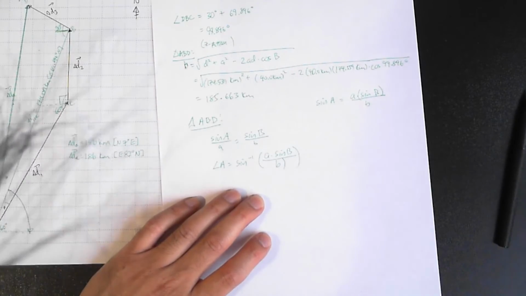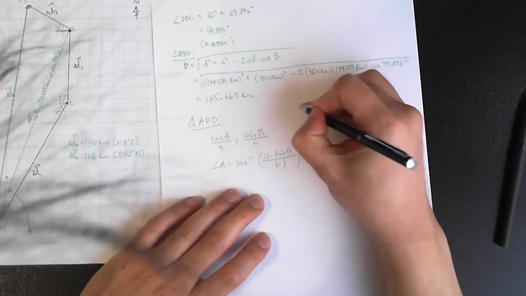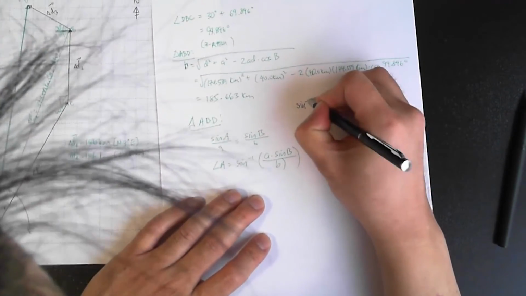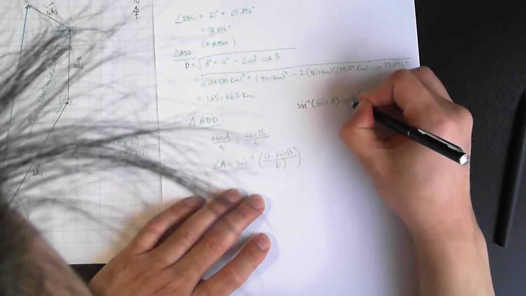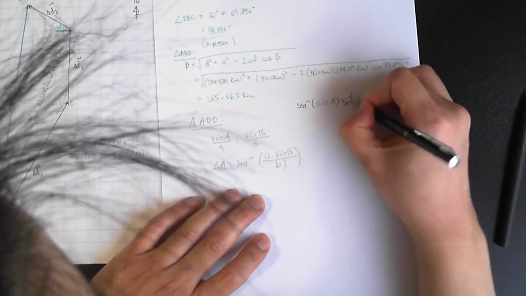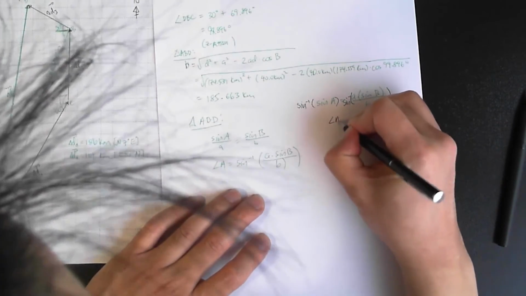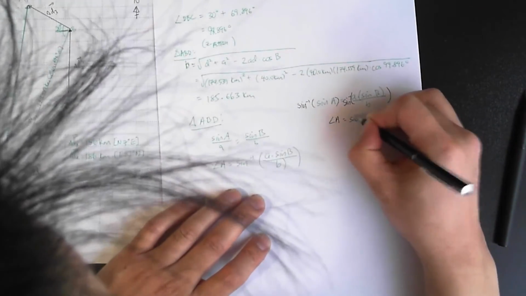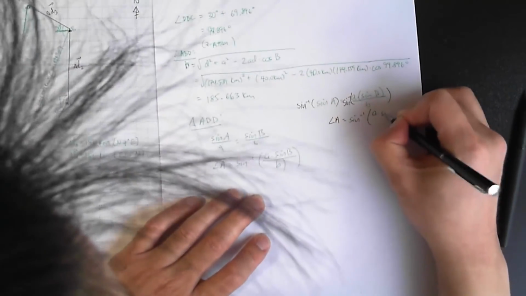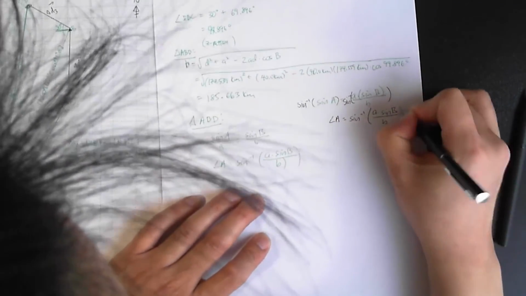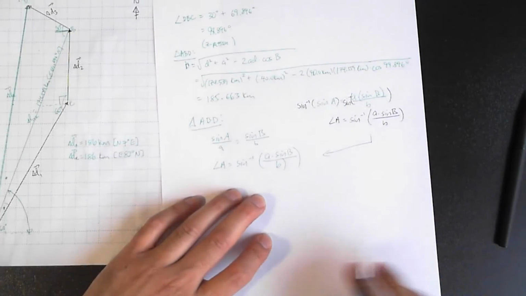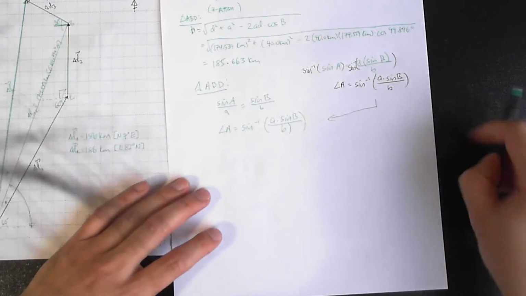Next, you have to do the opposite function of sine, which is your sine inverse. And whatever you do on the left-hand side, you must do on the right-hand side. And that's how we arrive at angle A is equal to sine inverse of A times sine of capital B over B. So that's the origin story for that.